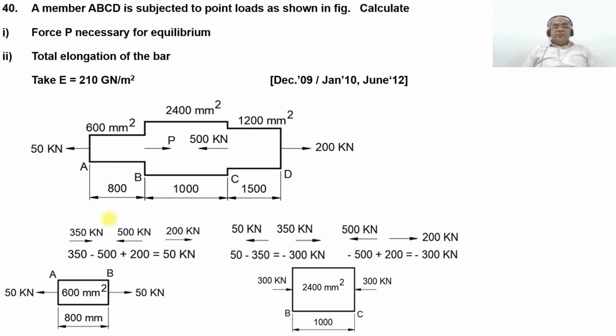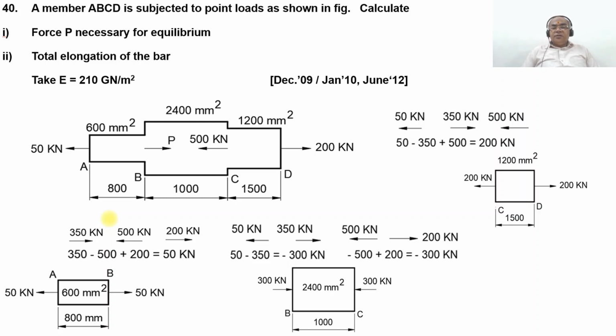Now consider the segment CD. On the right hand side of the segment CD there is 200 kilonewton. What are the forces on the left hand side? You have 50 kilonewton acting toward the left, 350 toward the right, and 500 toward the left. The forces acting toward the left are positive, so plus 50 minus 350 plus 500 is equal to 200 kilonewton, which is positive.